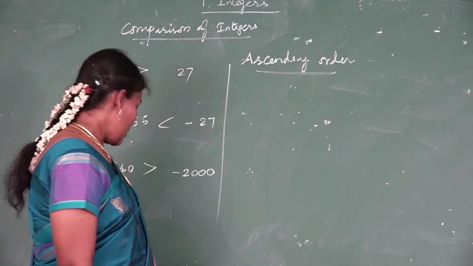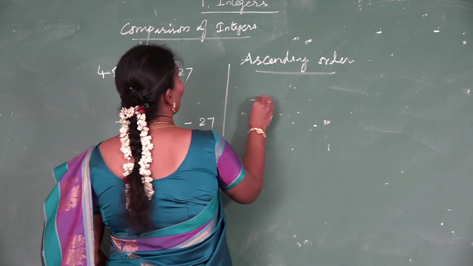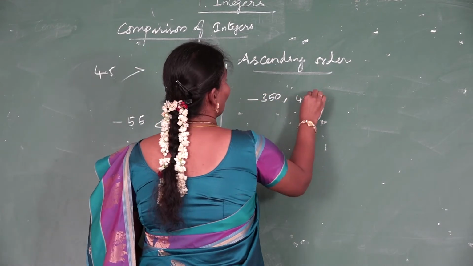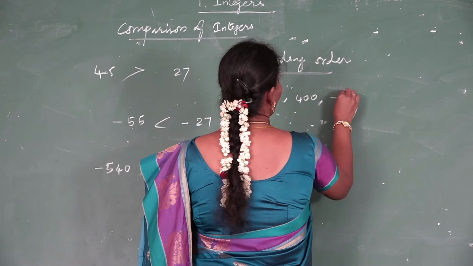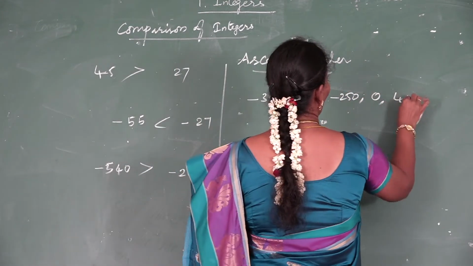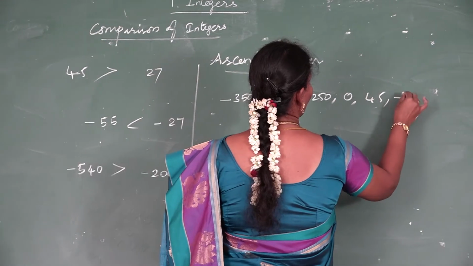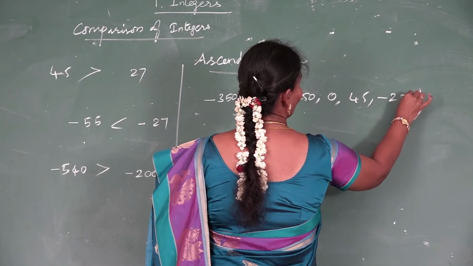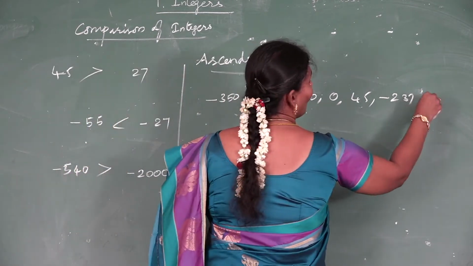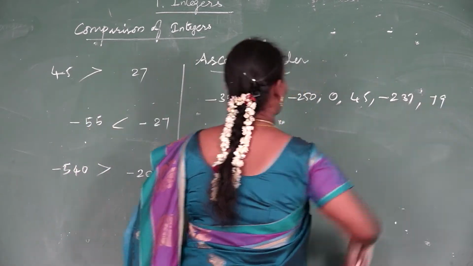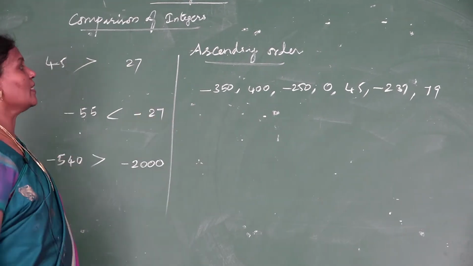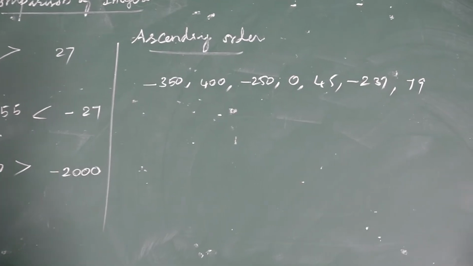Now take some integers: minus 350, 400, minus 250, 0, 45, minus 237, okay, then 79. See, some integers. Now arrange the integers in ascending order.